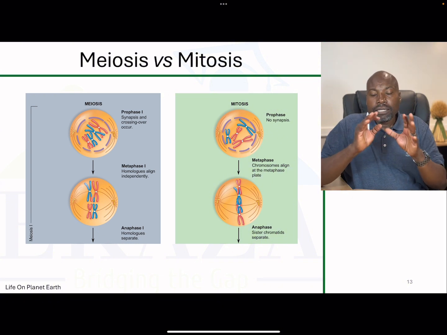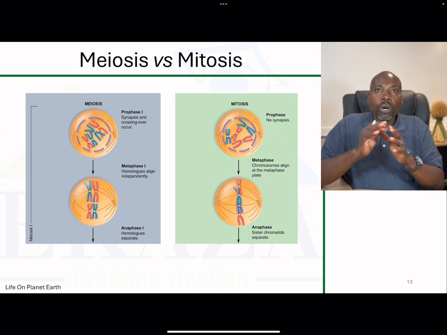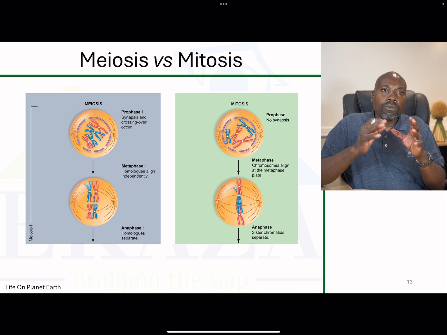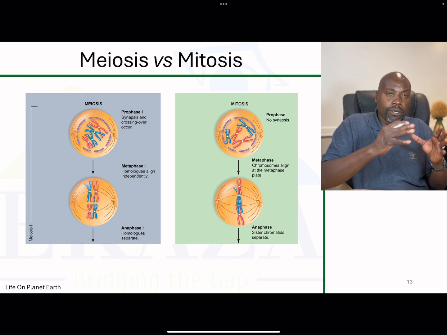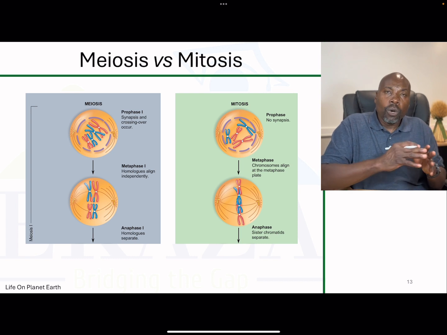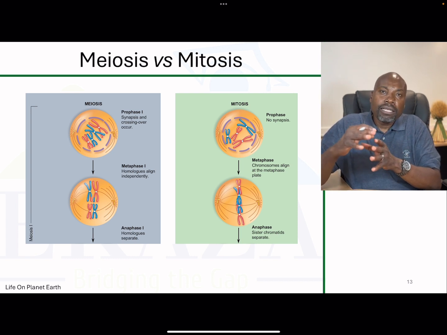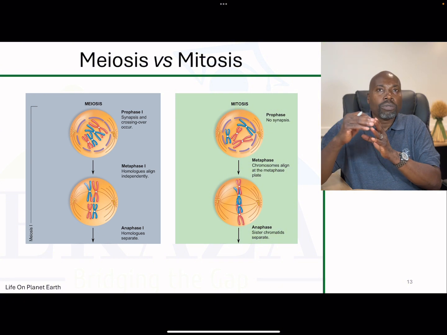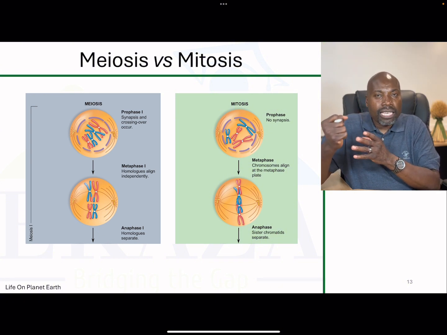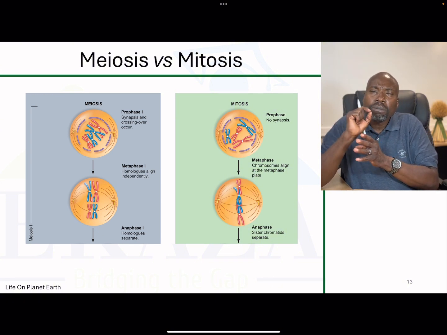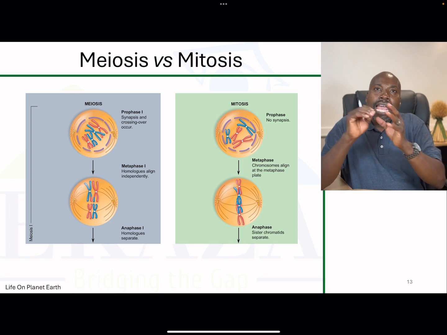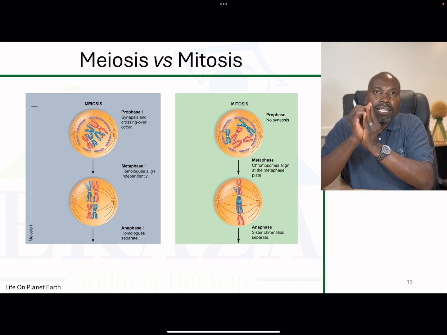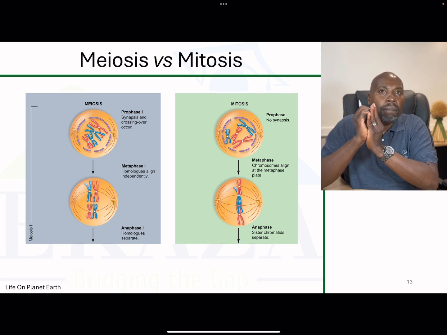But one cell is going to retain the vast majority of the cytoplasm, while the other cell is only going to retain the genetic information and a very small fraction of the cytoplasm, so that you have a huge cell and a teeny tiny cell that we actually call a polar body.